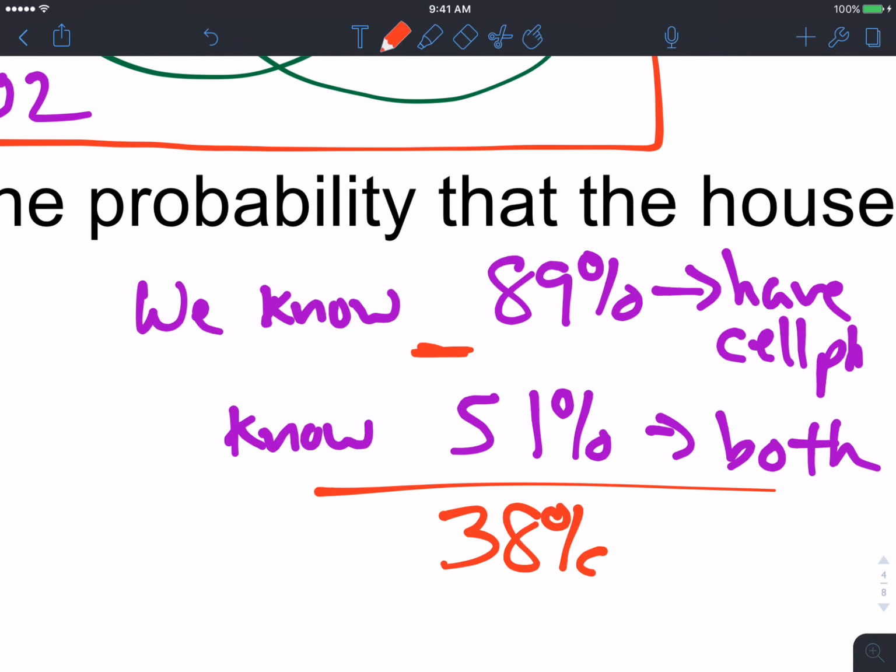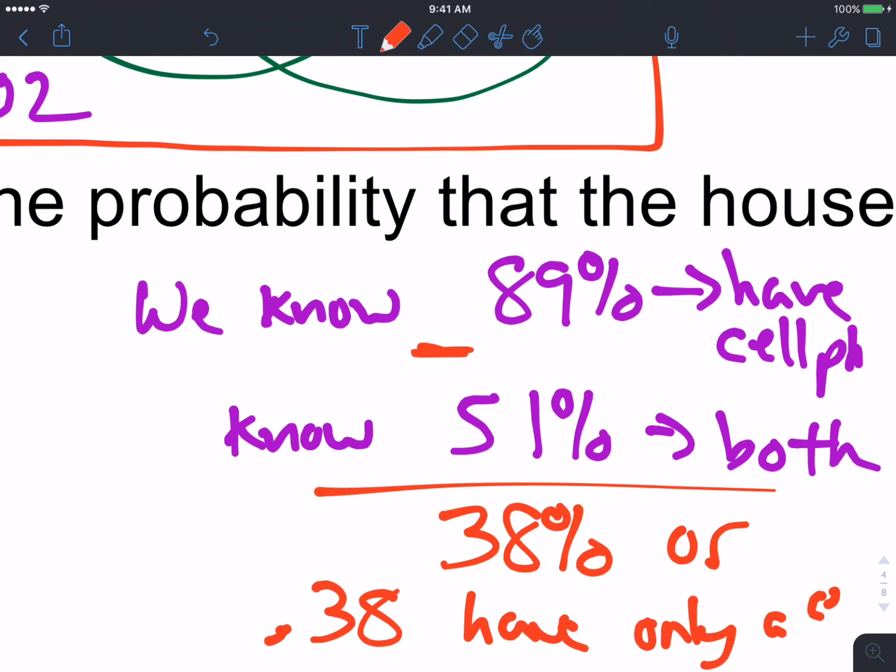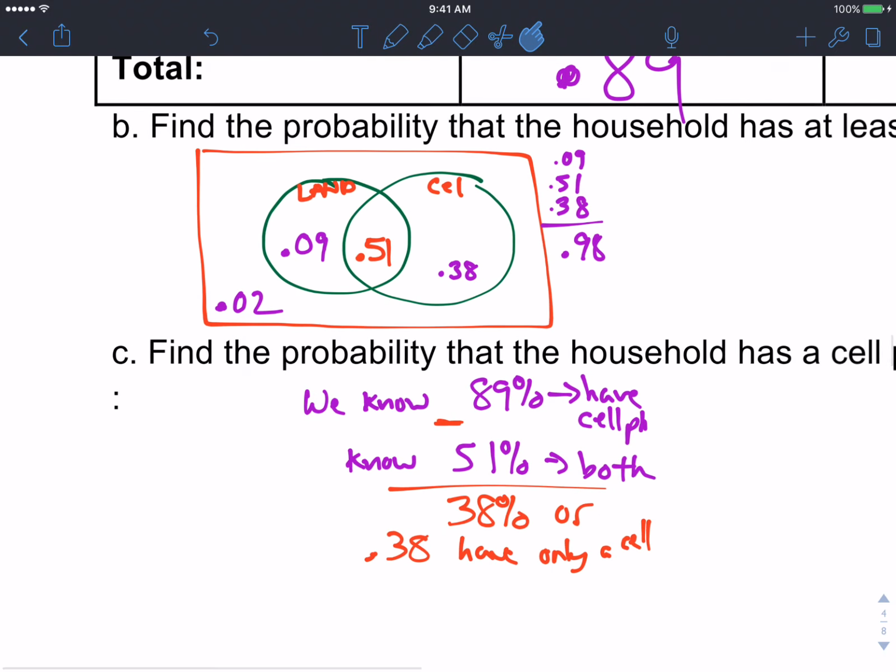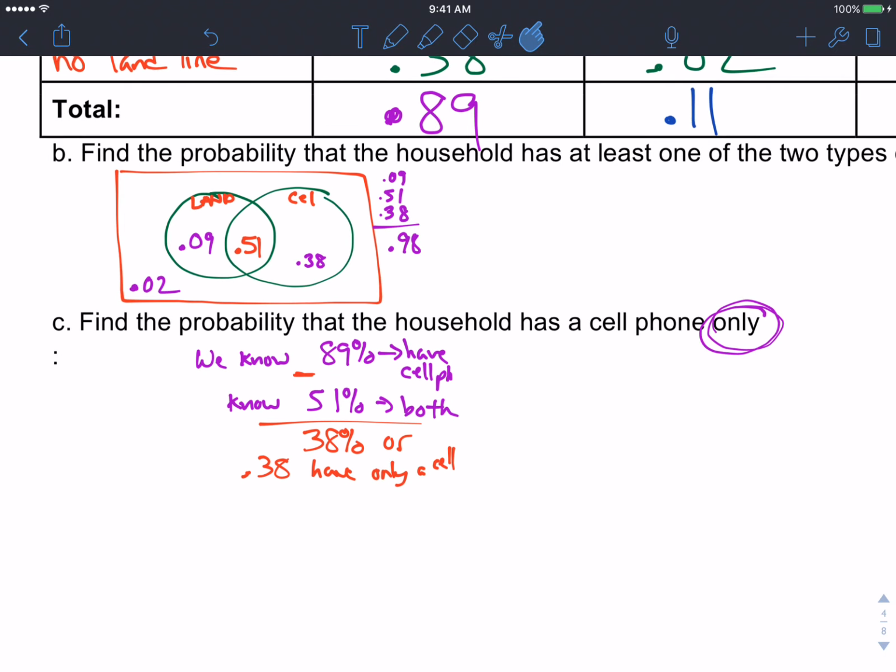We get 38%, or 0.38, have only a cell phone. And notice we already did that in the Venn diagram there.